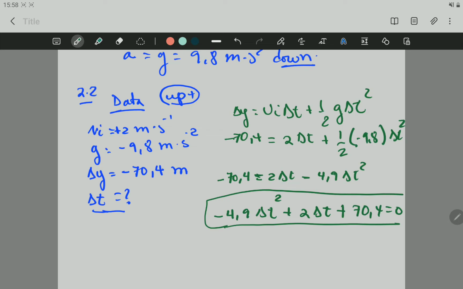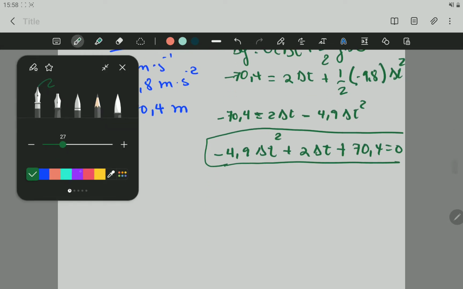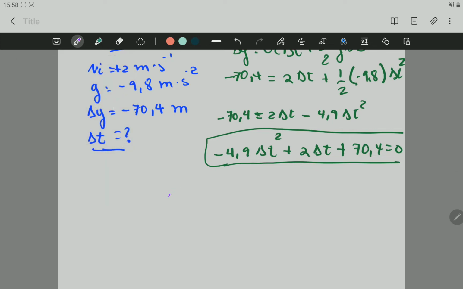In mathematics, you learn the quadratic equation ax squared plus bx plus c is equal to 0. Here, this is a, this 2 is b, and the 70,4 is c. That is important to know.